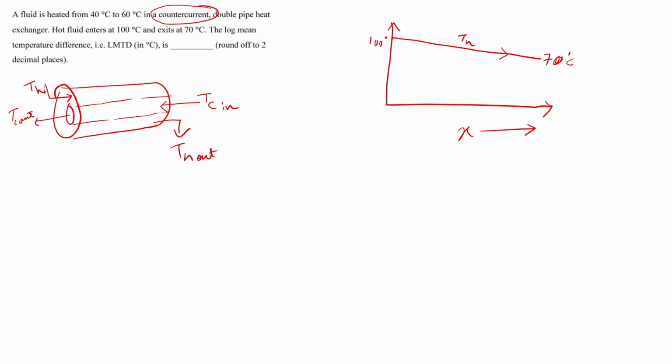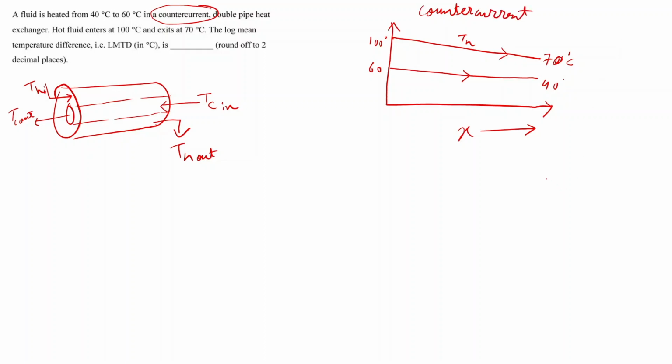Similarly, the cold fluid will go from 40 to 60 degrees Celsius and the temperature will increase. So this is 60, this is 40, and this is my flow. And this is for counter current flow.